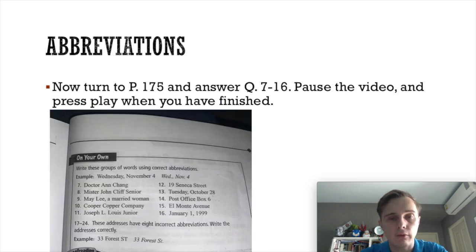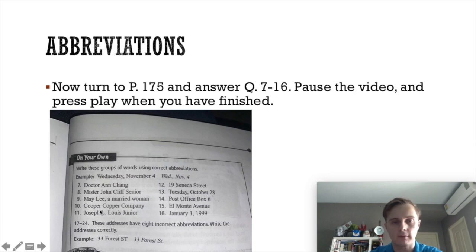Let's look at questions 7 to 16 now on the next page, page 175. On page 175, there's no mention of states. So what you need to do is write any word that needs to be abbreviated.